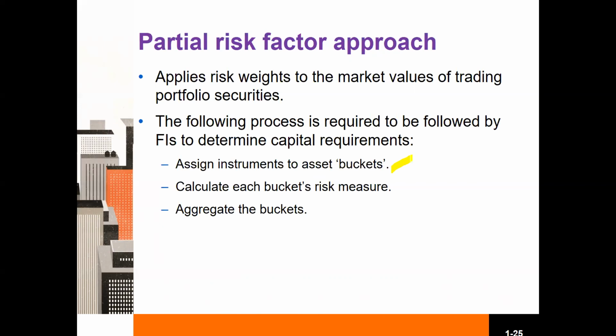The 5 risk classes are foreign exchange, interest rate, equities, credit, and commodities. Under each of these risk classes, they create 20 buckets and put their instruments in one of them.